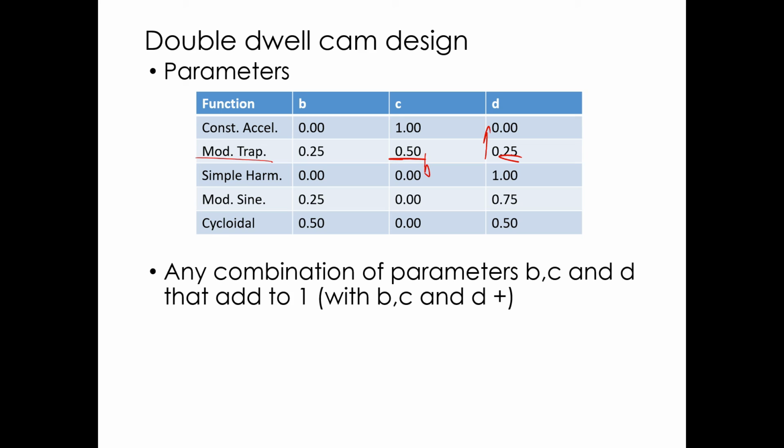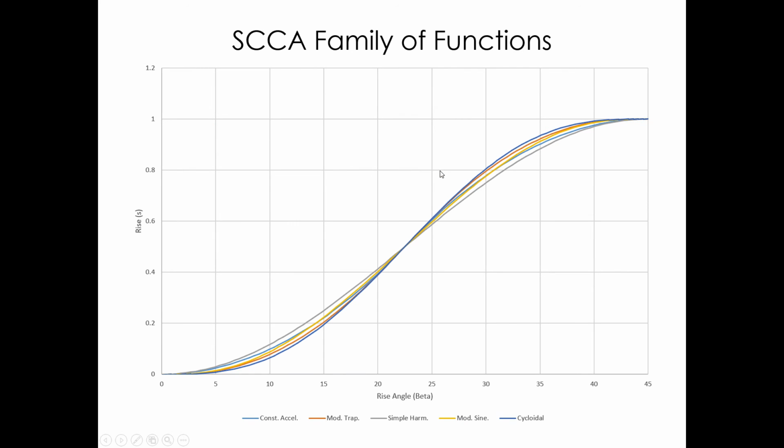And by changing these parameters, I can make something that's a hybrid of these different functions. The only constraint on this, these all have to be positive, and they have to sum to 1. B, C, and D have to sum to 1, which essentially means pick B and D, and then 1 minus B and D is equal to C. So I really can only change 2 of these things because they have to sum up to 1.